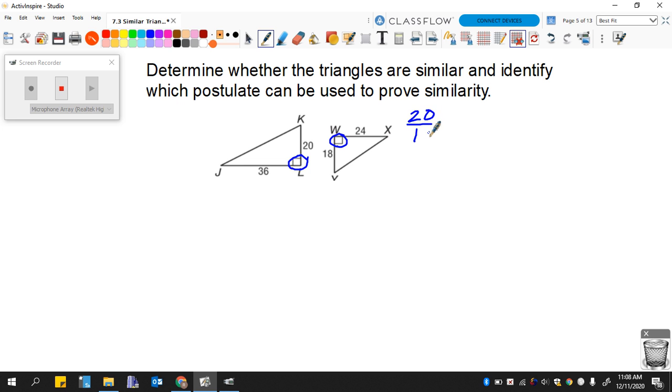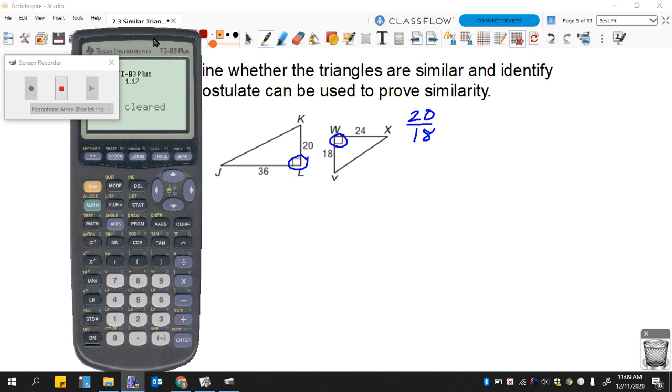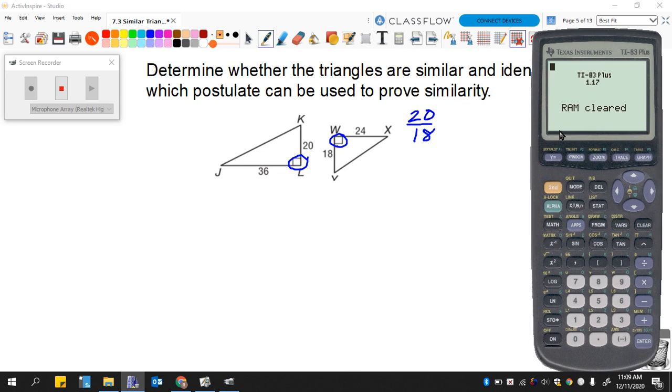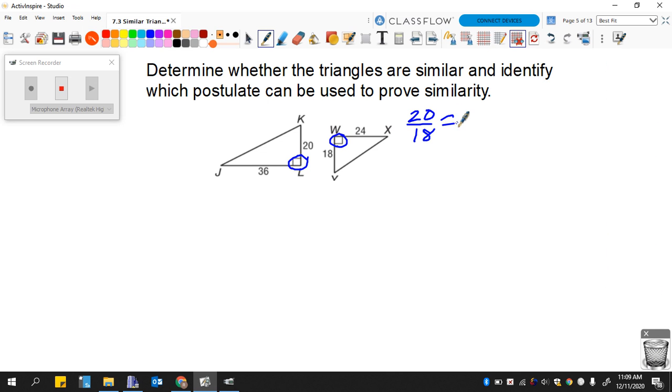If I get my graphing calculator out to reduce that, I go 20 divided by 18, math, enter, and that reduces down to 10 over 9. So that's 20 and 18 right here.